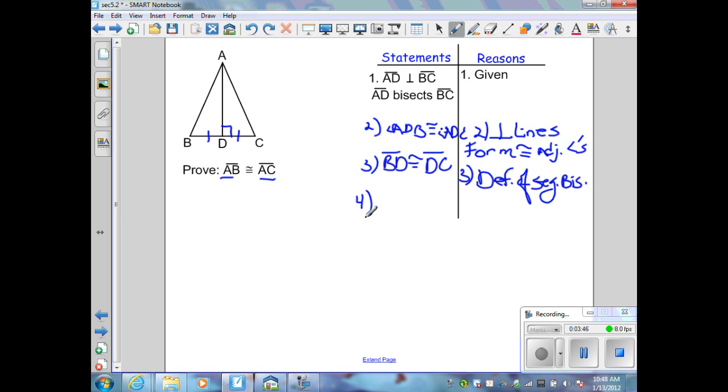So, I have two parts of the triangle already congruent. I need a third part. I can use AD congruent to itself, segment AD, because of the reflexive property.